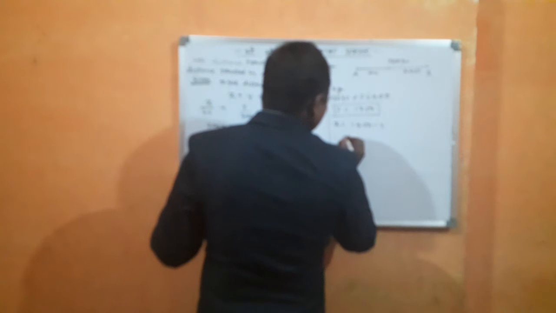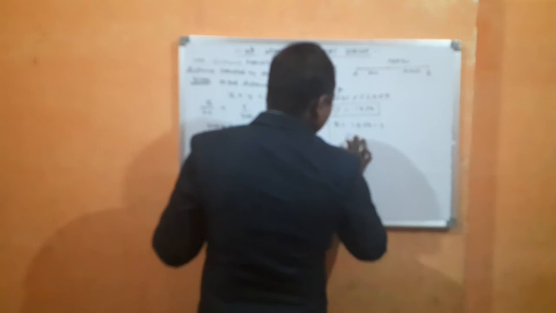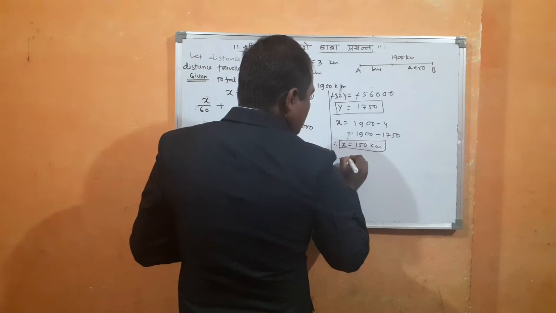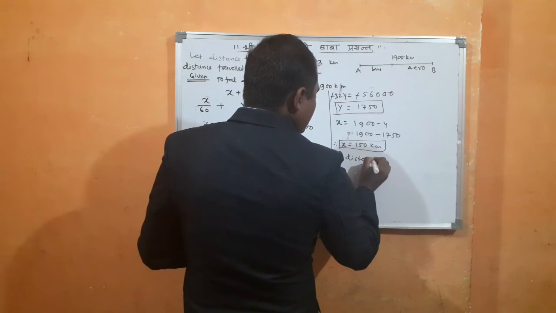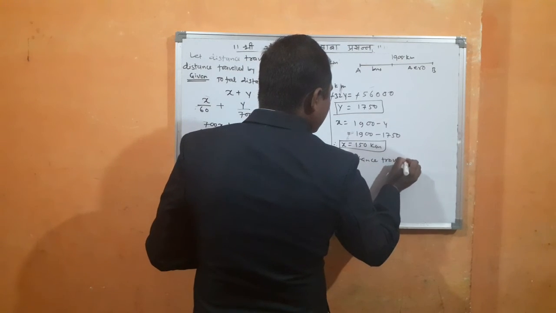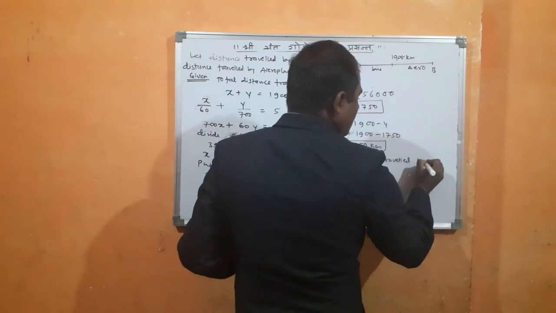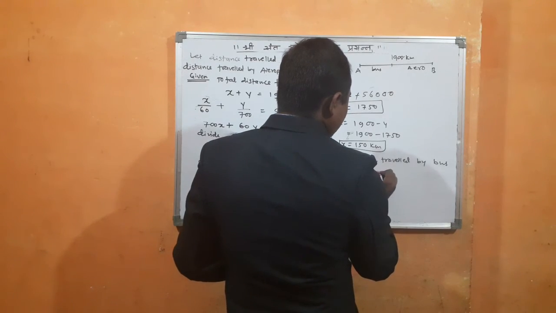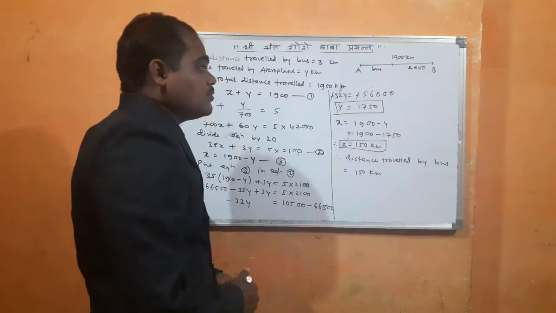Therefore x is equal to 1900 minus 1750. Therefore x is equal to 150 kilometer. So finally we will write a line, that is distance traveled by bus is equal to 150 kilometer.